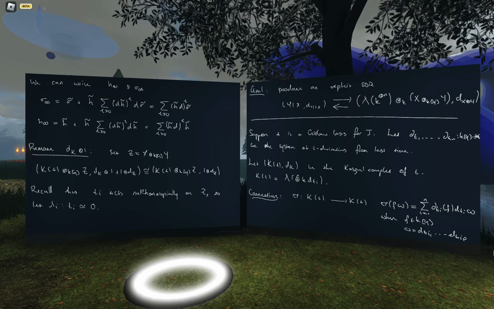When we showed that such a thing existed, we also showed how to come up with this. Basically, you just differentiate the entries in a matrix for the differential of dx. So this is something we actually know exactly.